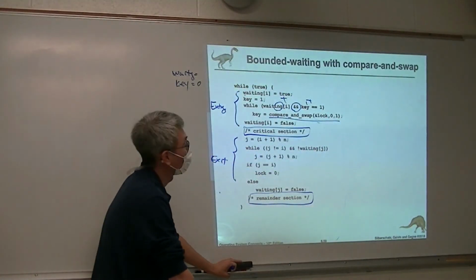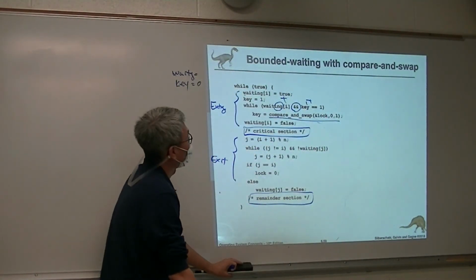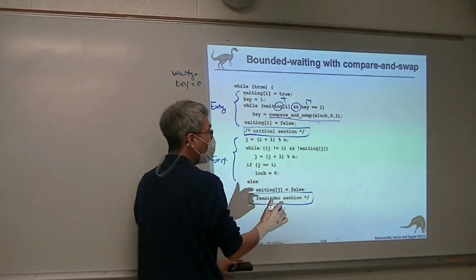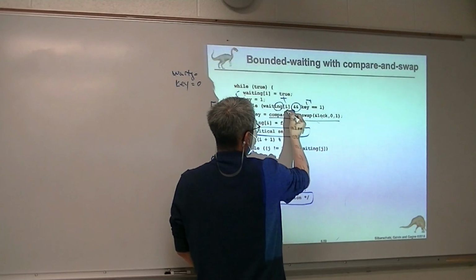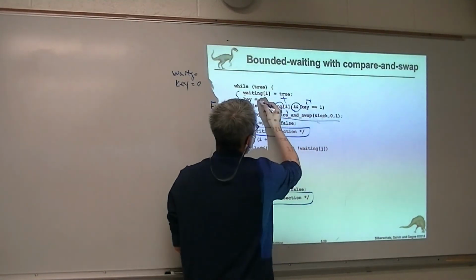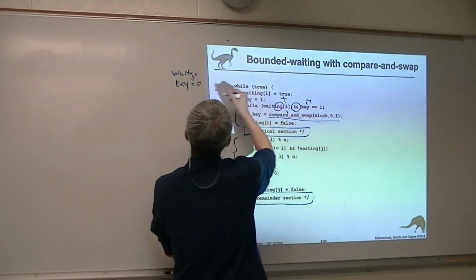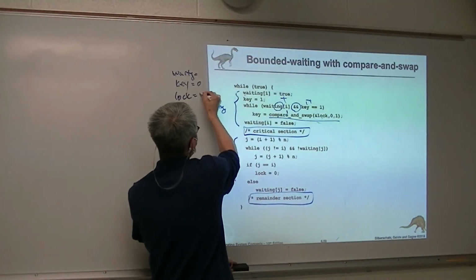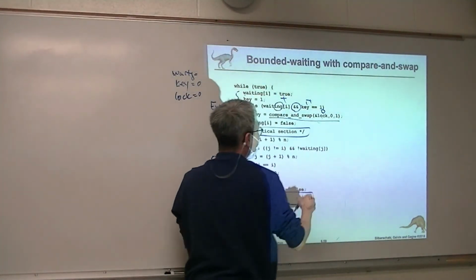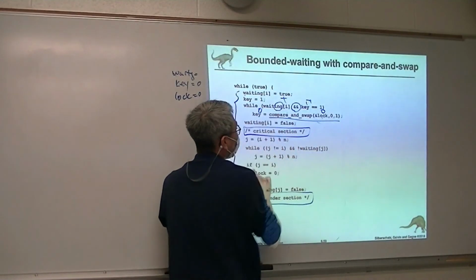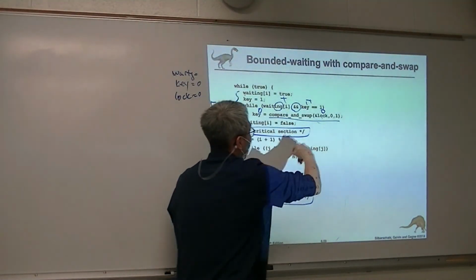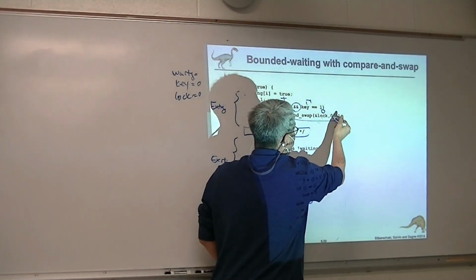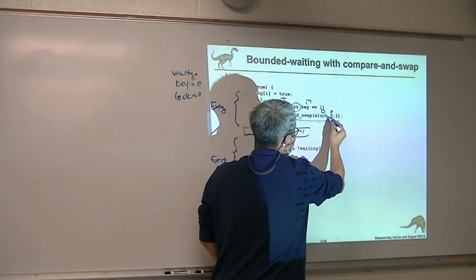Okay, I forgot the next code. So compare and swap. So compare and swap means the return of this one is 1, right? So we have a lock. Lock is 0 and the return, the key, is 0, right? The initial value of the lock is 0. And this one, the expected value, is the same.